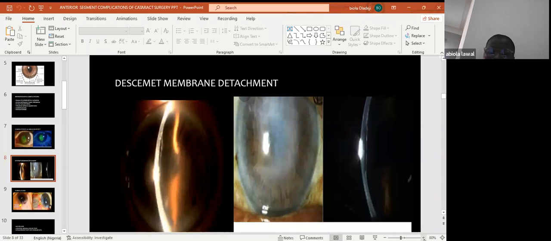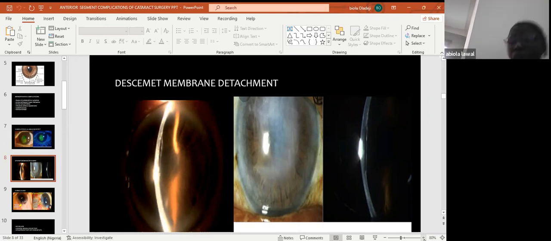If using a keratome, if it is beveled upwards, it can brush on the endothelium, cause trauma to the endothelial cells, or it can even cause a stripping, and you can have your Descemet's membrane stripped off at that point. So it is better to use a diamond blade. The expander is preferable to using the sharper keratome blade.